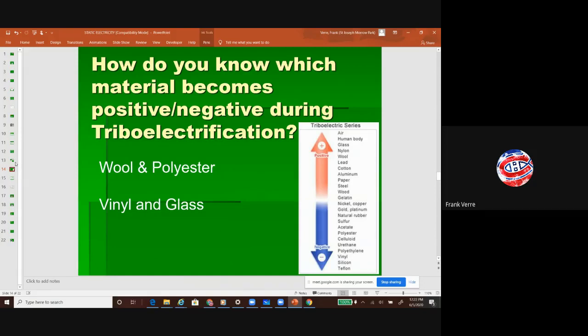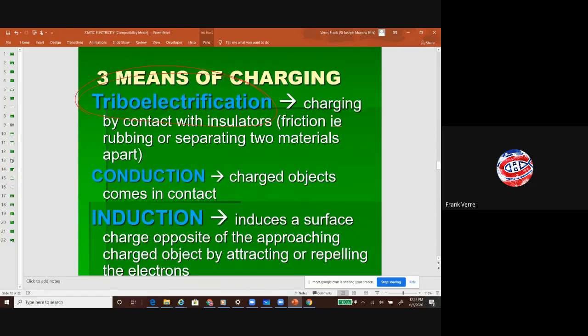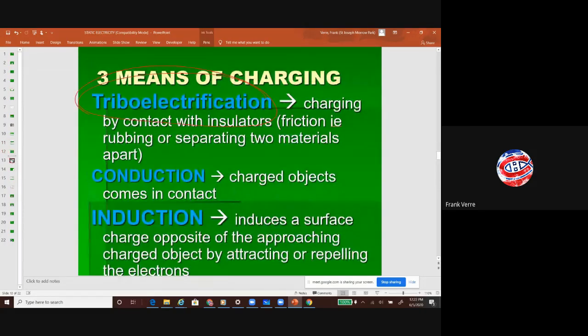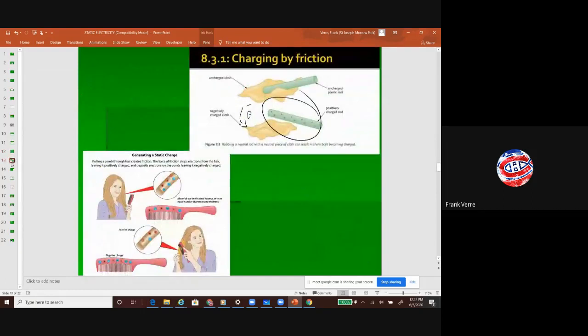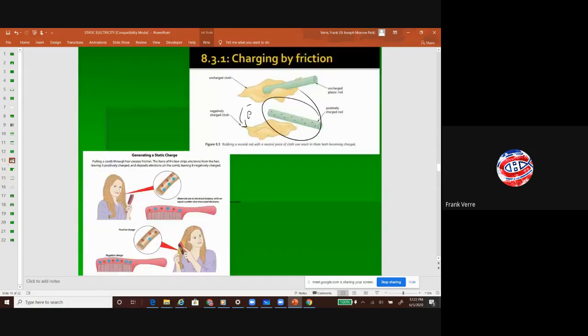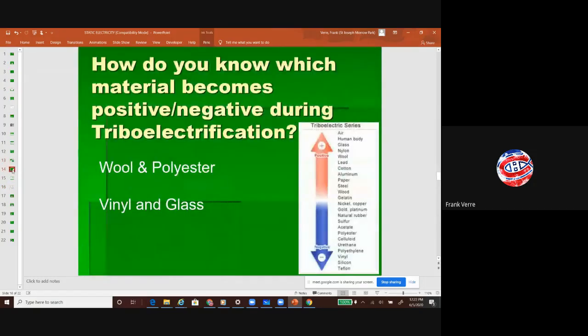For example, here it's showing that the plastic rod became positive and the cloth became negative. How do I know that? There's a chart here that allows us to figure this out.